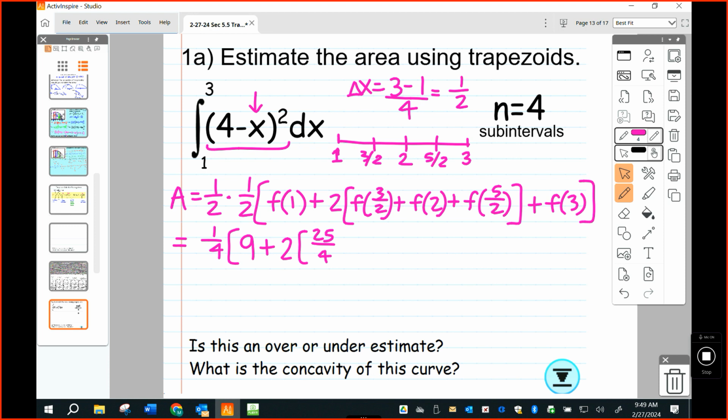F of 2 is easy. 4 minus 2 is 2 squared is 4. F of 5/2, 8/2 minus 5/2 is 3/2. 3/2 squared is 9/4. Okay, see, it's not too bad when you're doing the fractions. What's f of 3? Uno.